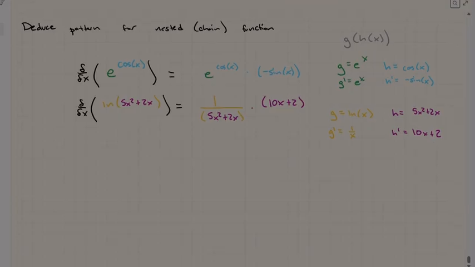And so now we can see the pattern for what we call the chain rule. The derivative of g of h of x equals g prime of h times h prime.